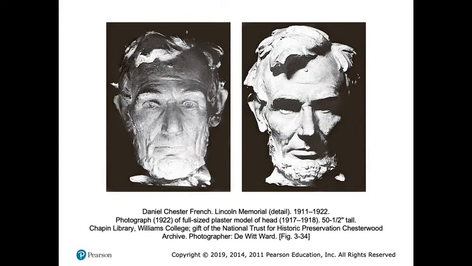When it was finished and they came to the place to install it, French and the others saw the left Abraham Lincoln, a Lincoln that looks surprised and not a very thoughtful person. That was because they had the reflection of light from the marble from the bottom part.